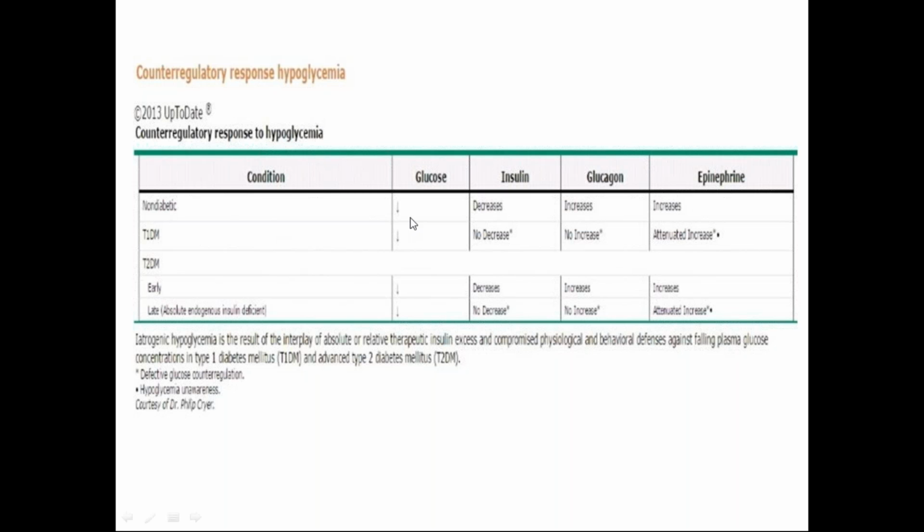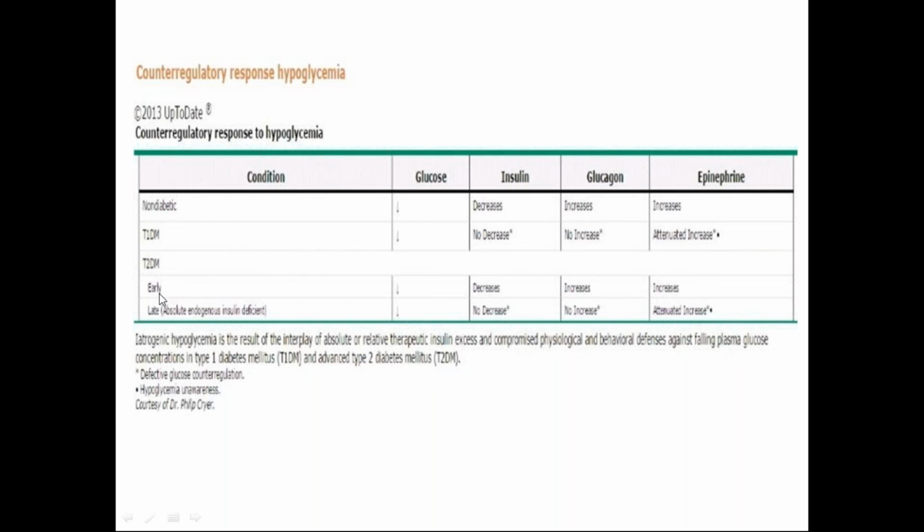In type 1 diabetics, there is no insulin or glucagon production, so when the glucose decreases there is no decrease in insulin and no increase in glucagon, because there are no pancreatic islet cells to produce them. There is just an increase in epinephrine, that's it.